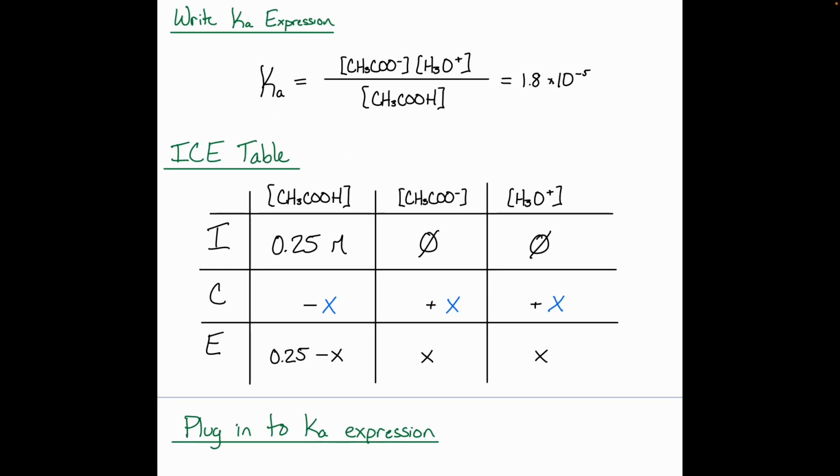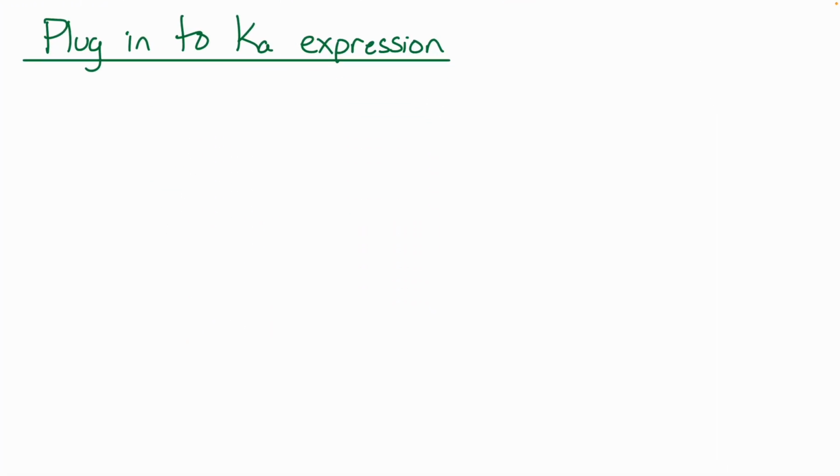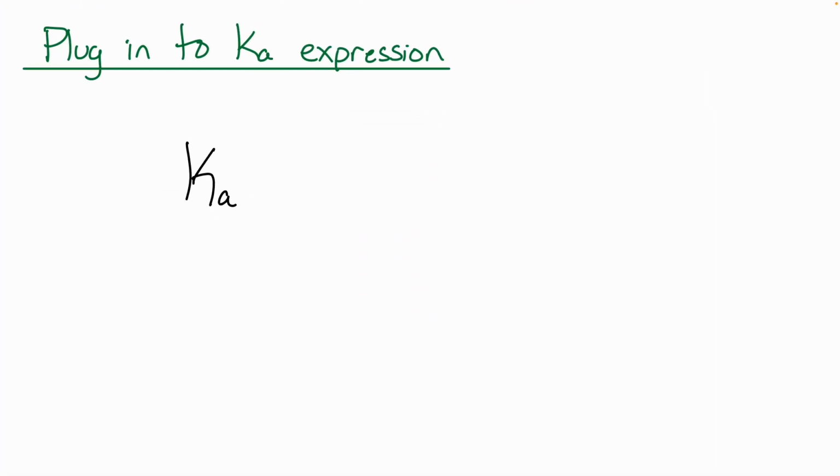So if we take our equilibrium expression here, my equilibrium concentration of that acetic acid is 0.25 minus X. Our equilibrium concentration of that conjugate base is X. And what I really care about, my hydronium ion concentration here, is also X. All right, so we're going to take these and plug them back into that expression up there. Ka equals X times X over 0.25 minus X.